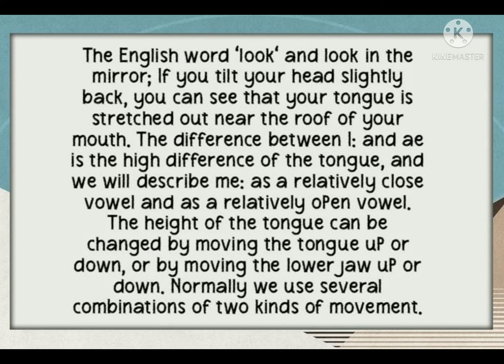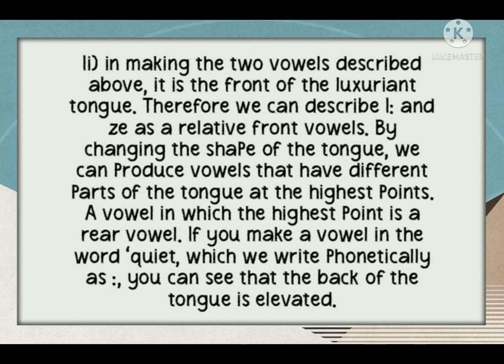The height of the tongue can be changed by moving the tongue up or down, and by moving the lower jaw up or down. Normally, we use combinations of the two kinds of movement. In making the two vowels described above, the front of the tongue is raised, therefore we can describe them as relatively front vowels.